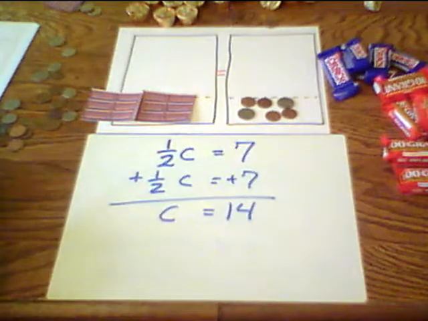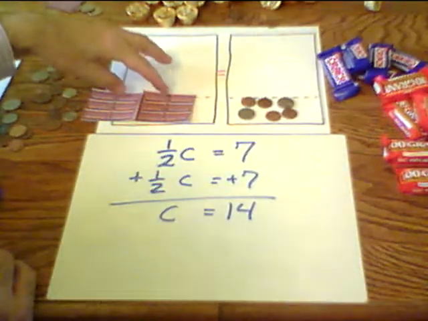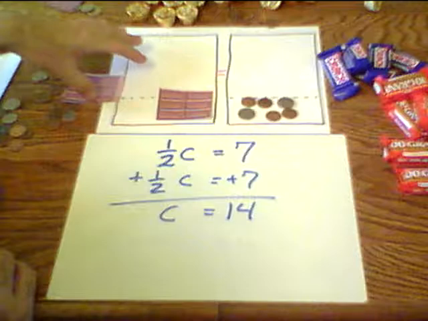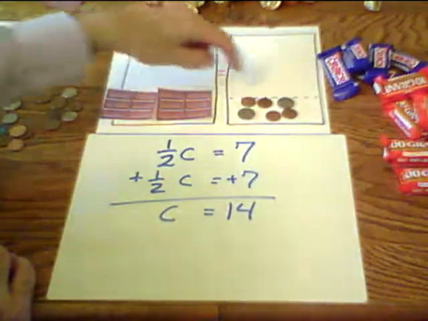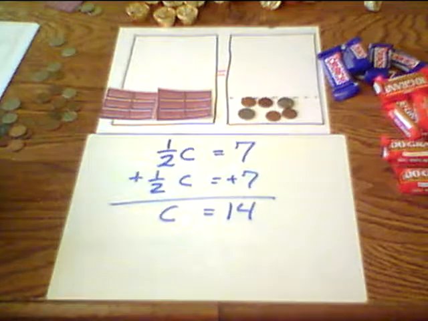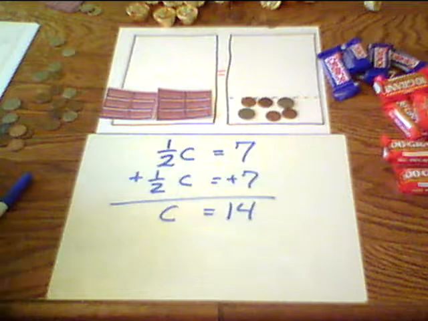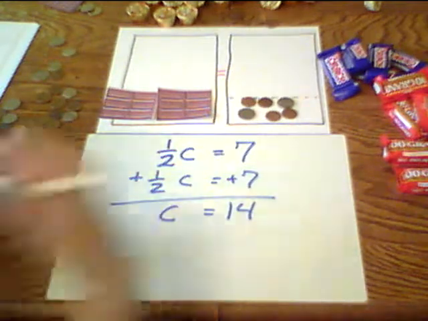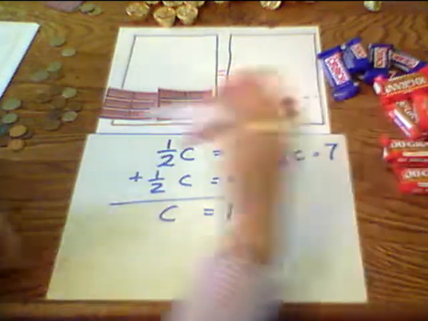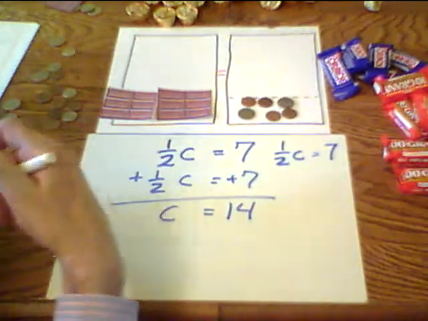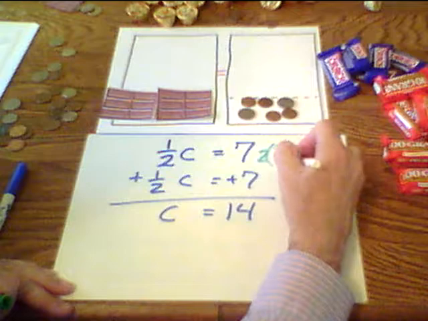I would challenge the students, though, to think about this as doubling. I had half and I doubled it. So I doubled this and I doubled this. When I double, what does that mean mathematically? Multiply by 2. So I could have solved the same problem, and this is what we're used to seeing as adults, by multiplying both sides by 2.